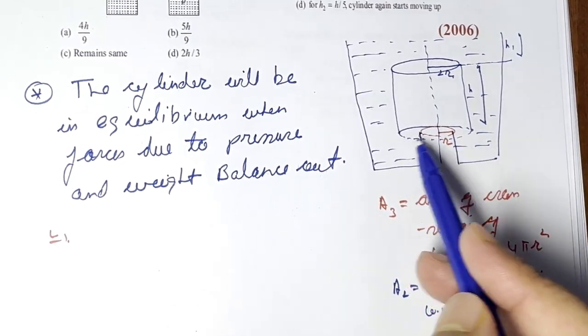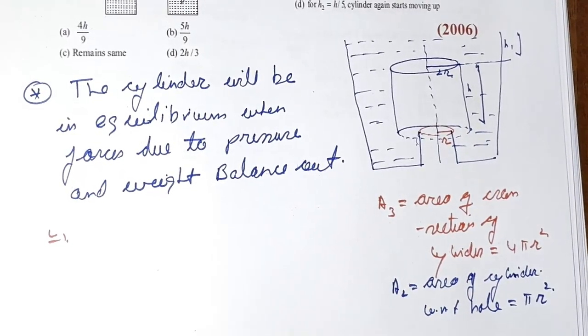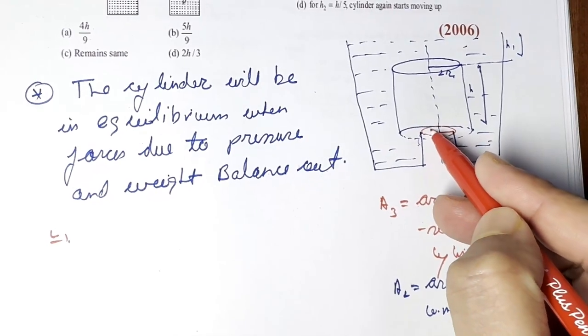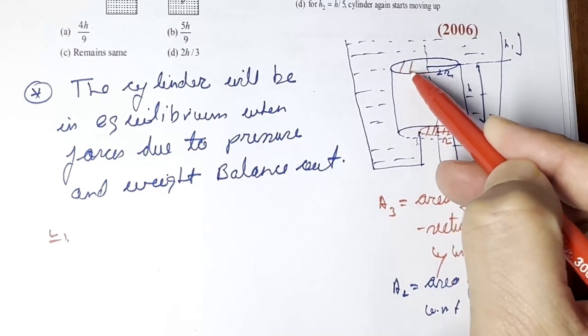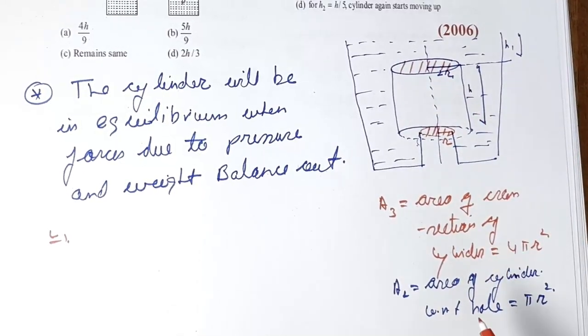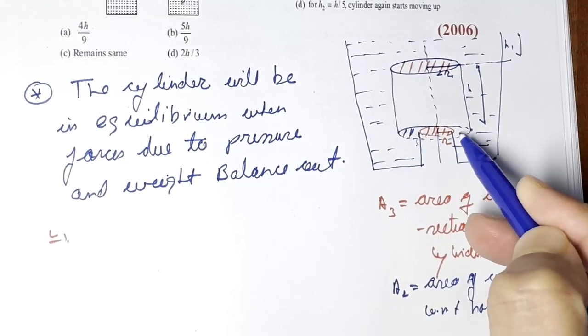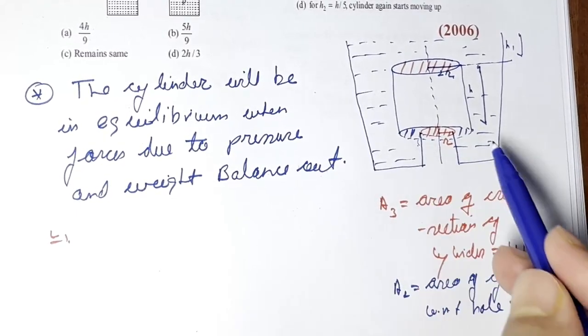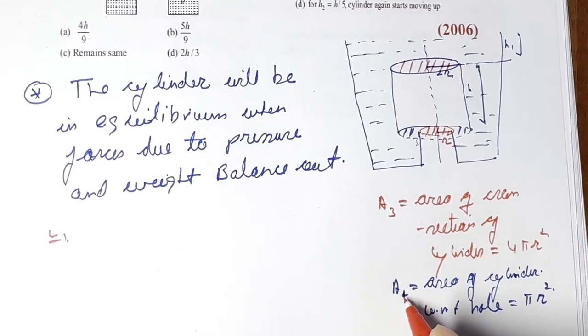So the area which is left, or which is in contact with the water. We just found the area of this hole, and we know the area of this cross section. Now we are interested in finding the area at the bottom which is in contact with the liquid, and let us call this A1.